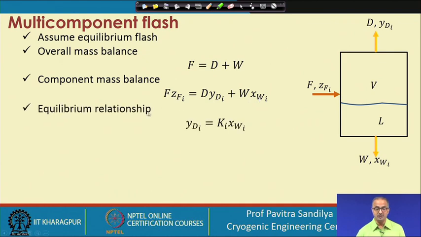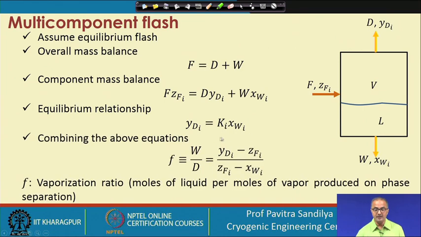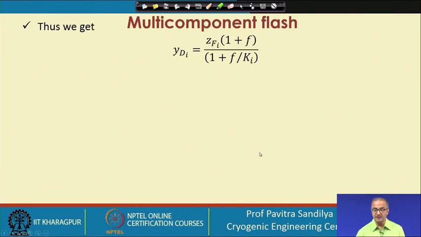Now we use the equilibrium relationship, that is YDI equal to Ki into XWI, and we combine these two equations to get something called the vaporization factor F, which is W by D, and this is given in terms of the mole fractions of the vapor, the liquid, and the feed, and thus we get YDI in terms of the F value and Ki and ZFI.